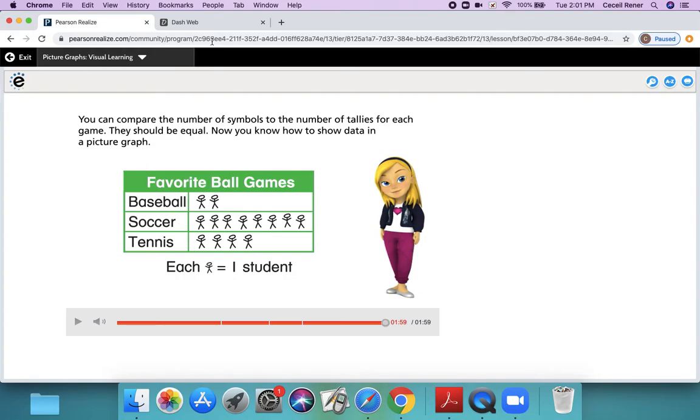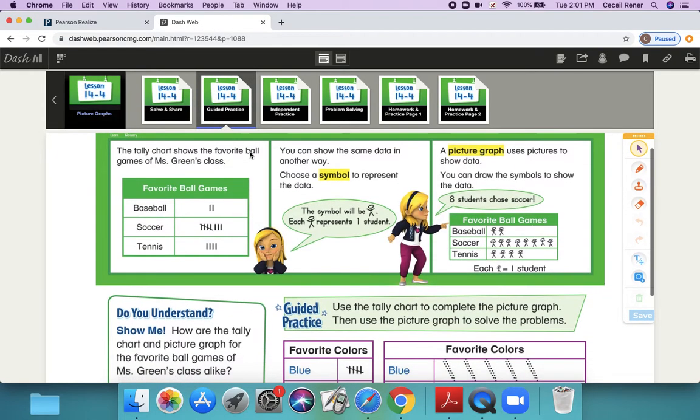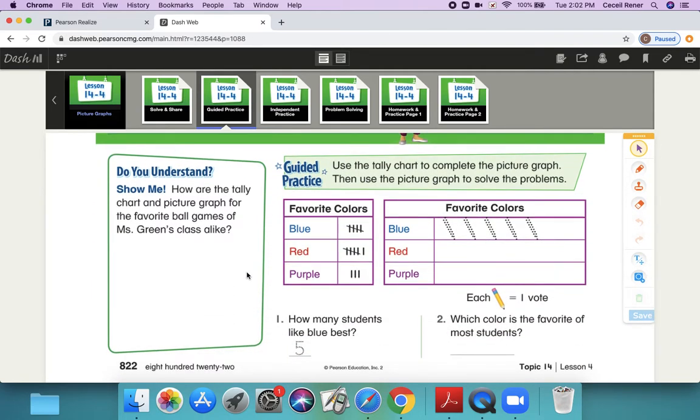Now we're going to go to our student book and we're going to practice. Remember, you can always check your work on top to see if you're doing it correctly. This gives us a little guide and goes over the video. So let's look at our guided practice. We're on page 822.